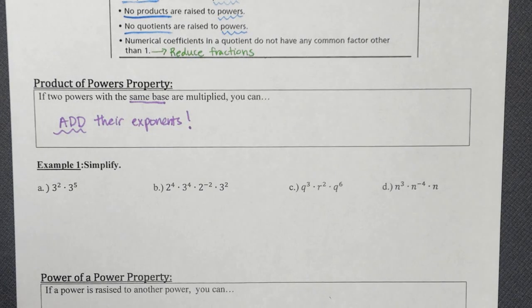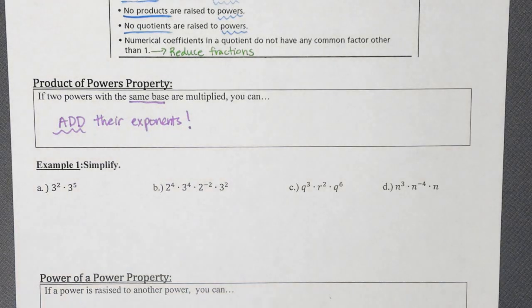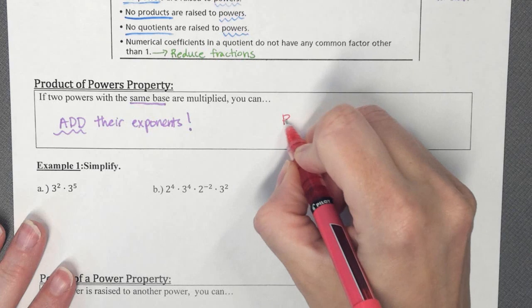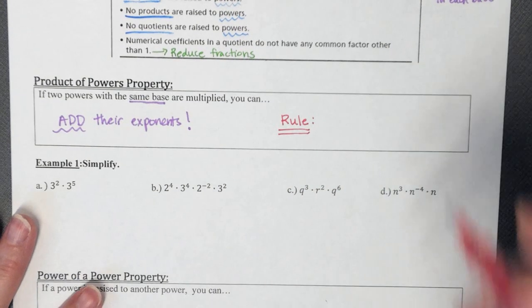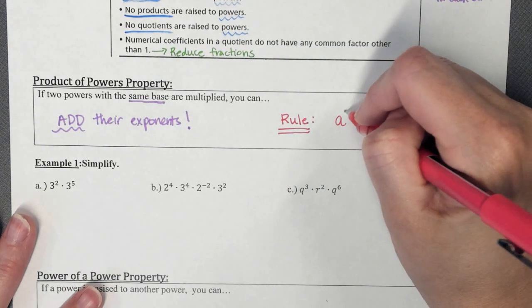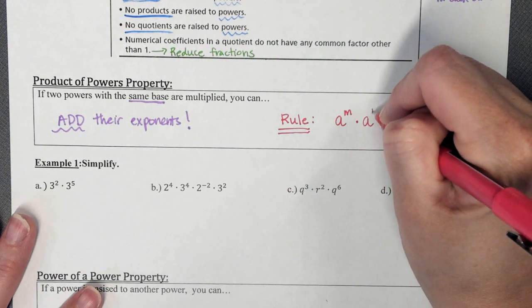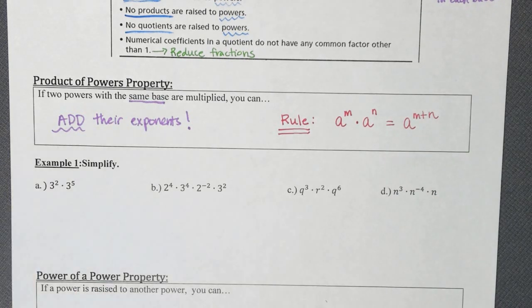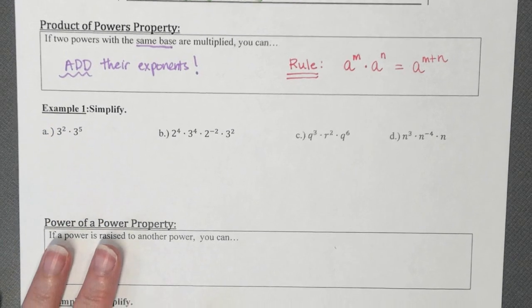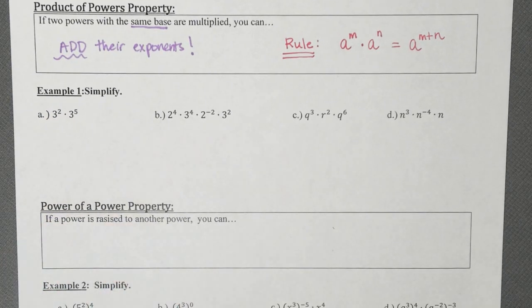So I'm going to show you what the rule is, and then we're going to do some examples with numbers. So the rule for the product of powers is if you have a to the m power times a to the n, it's going to be a to the power of m plus n. So if you have the same base, you can add their exponents together.